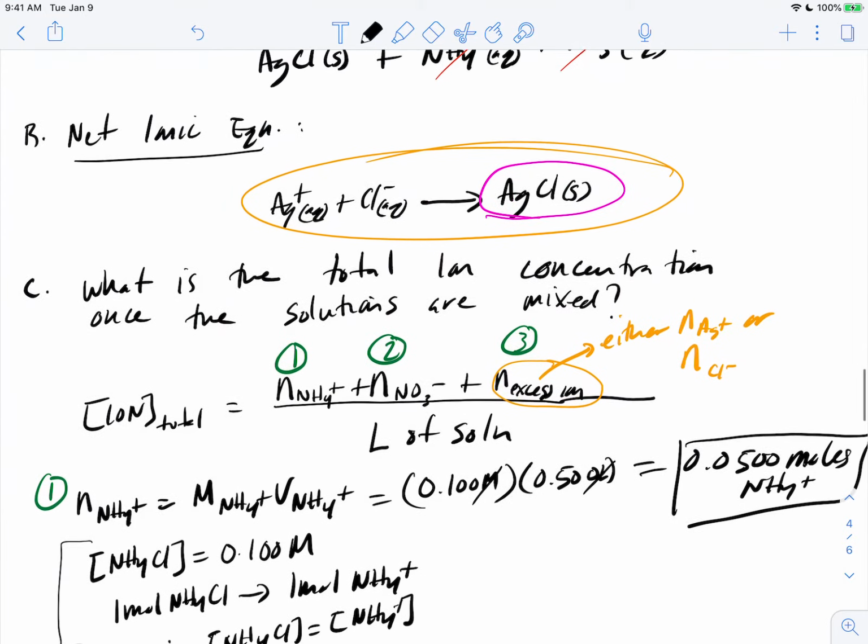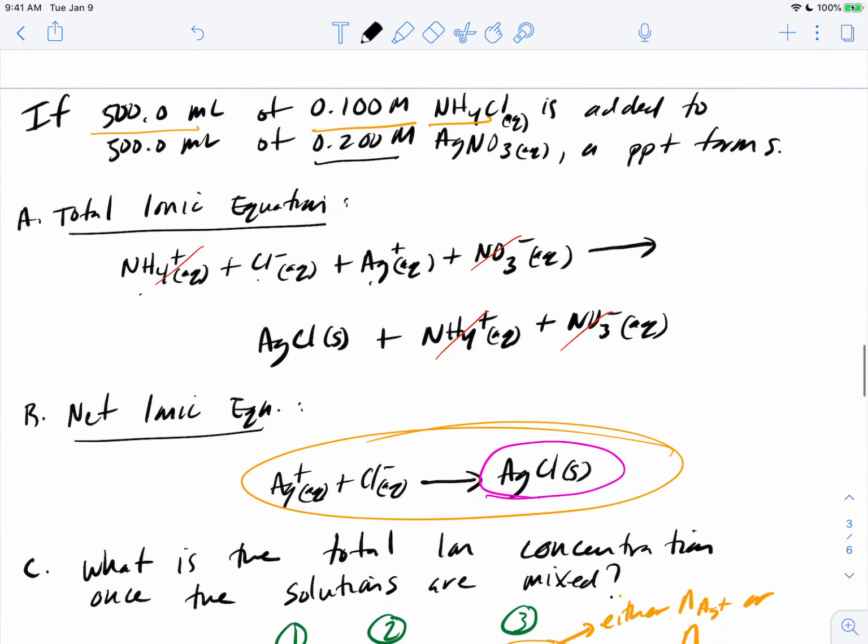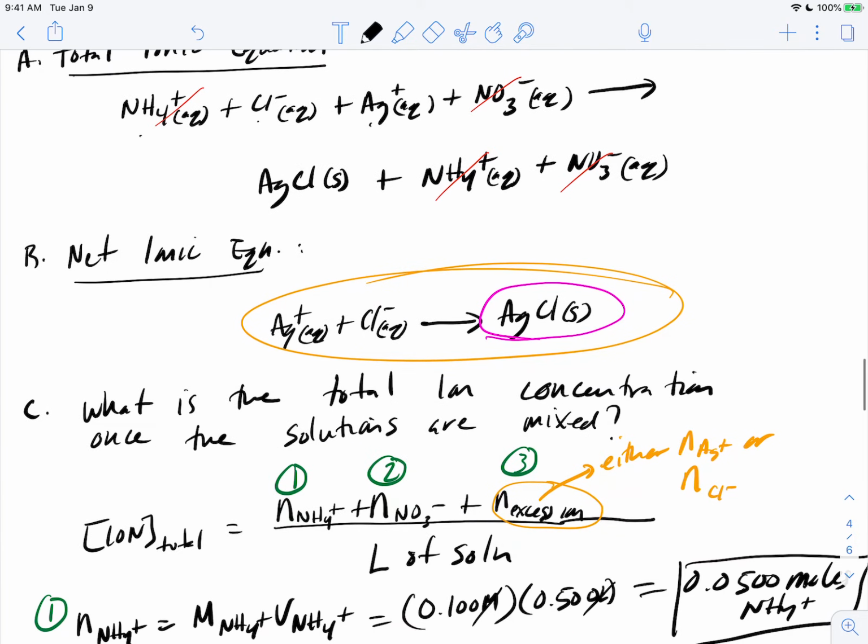So if we look up here, we have ammonium chloride. So it's a 1-to-1 relationship. If I have 1 mole of ammonium chloride, I would have 1 mole of ammonium and 1 mole of chloride. That means that my calculated value of ammonium would also be the calculated moles of Cl-.